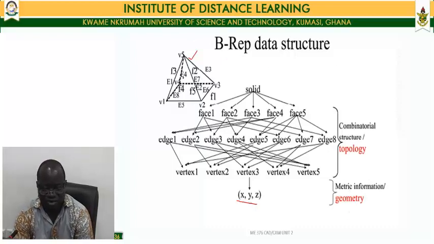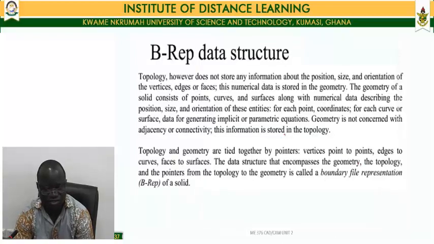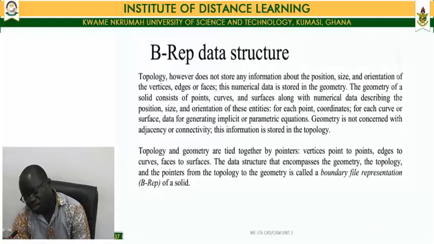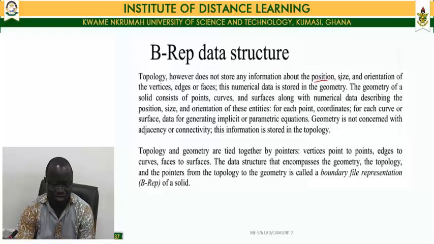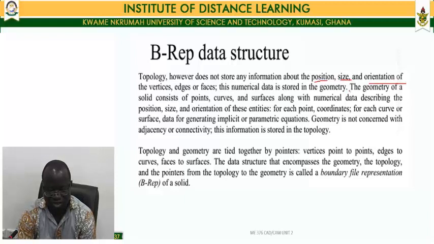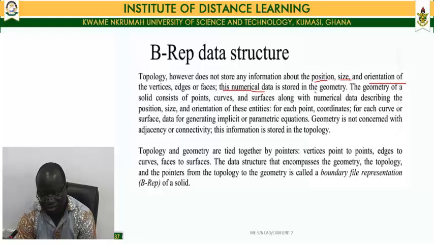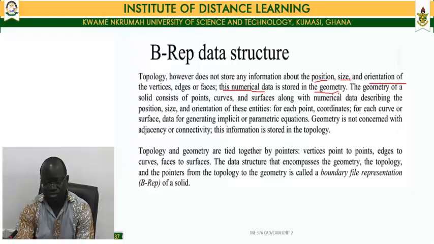So we say that topology, however, does not store any information on position, size, and orientation of the vertices. This numerical data is normally stored in the geometry. So the geometry of a solid will be points, curves, and surfaces, which describe the position, size, and orientation of each point.